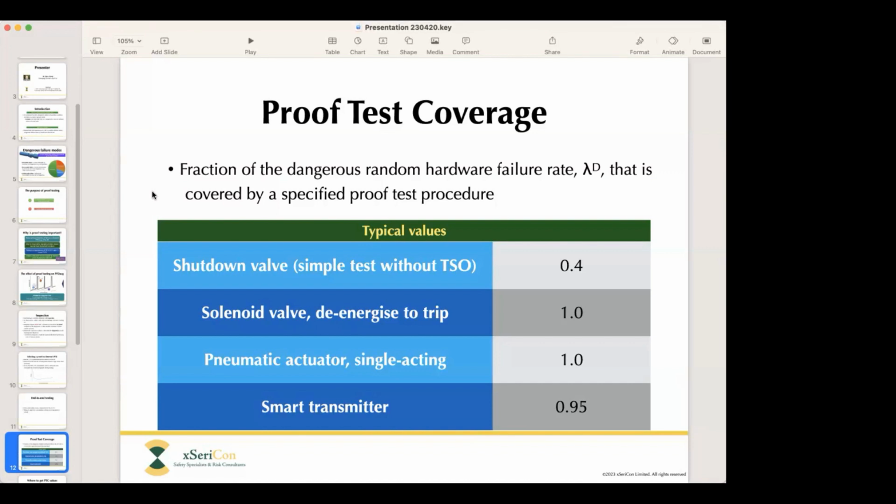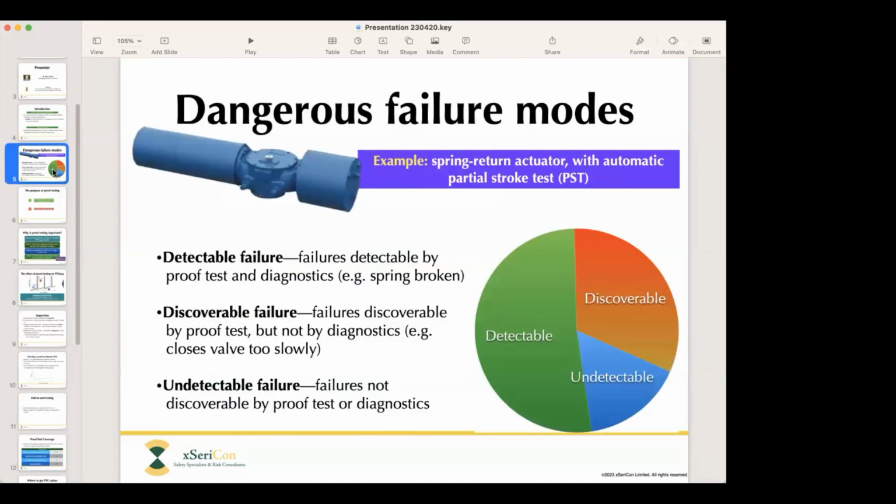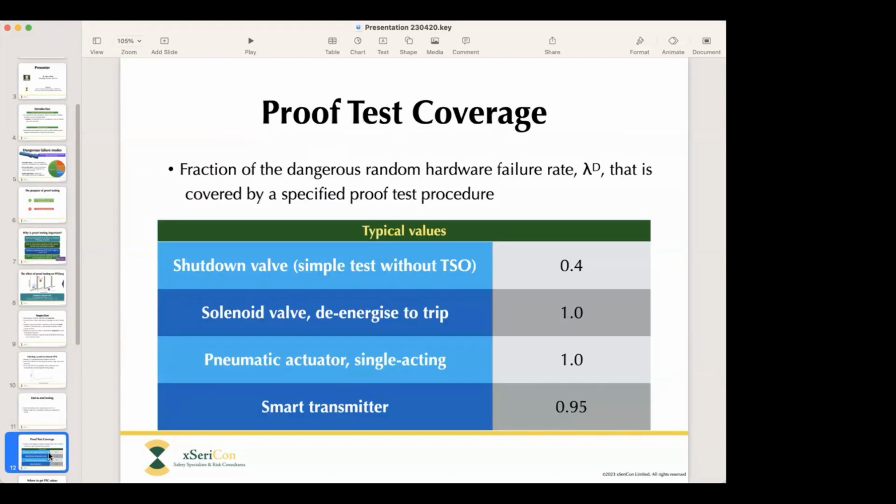So the typical lambda D value of the discoverable failures for a simple shutdown valve, without testing tight shutoff, without testing the tightness of the valve, just basically testing that the valve strokes correctly on demand, is around 0.4. So what we mean by that is the total area of the green and orange areas in that pie chart is roughly 40% of the total pie for that particular device.